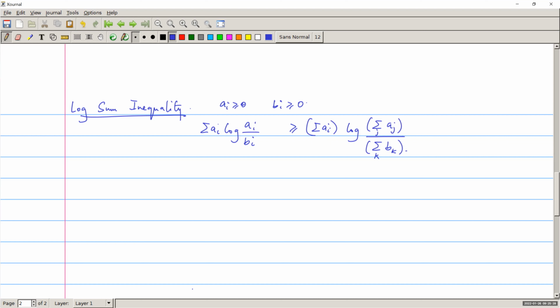Note that these j, k, and l are just dummy variables, and they're all different.